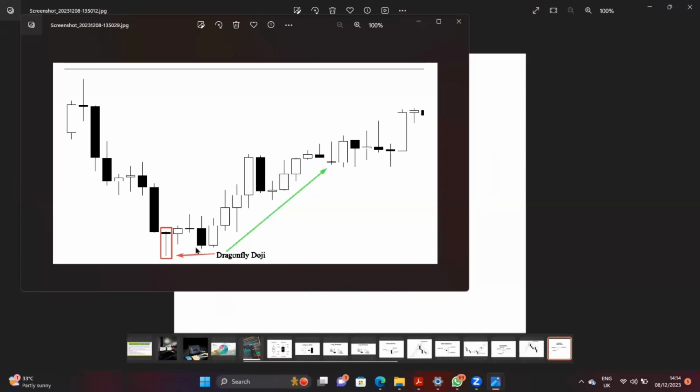That is on the dragonfly. Now we have the opposite of the dragonfly. I want you to understand something very clear and very important: each of the patterns we show has both ways.